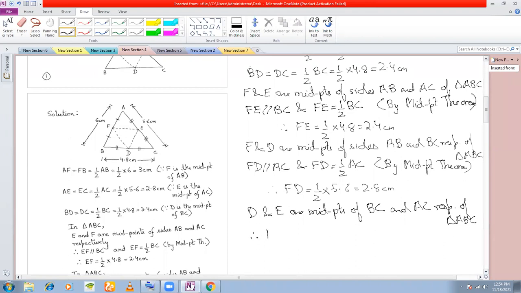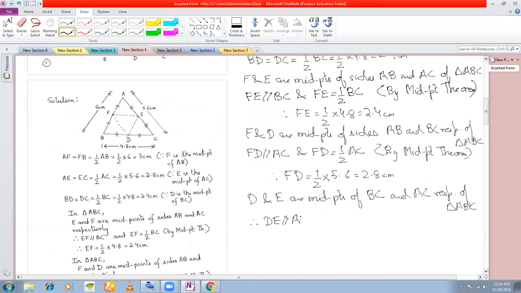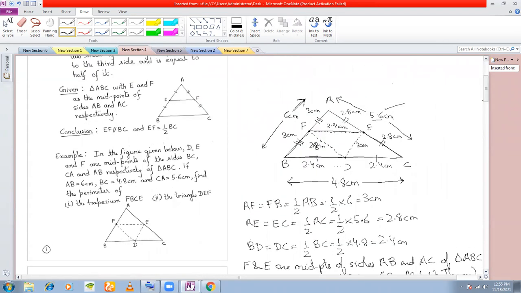Therefore, we can say DE is parallel to AB, and DE is equal to half of AB by midpoint theorem. Right? So therefore, DE is equal to half into 6, which is equal to 3 centimeters. Right? So we have got all these lengths.